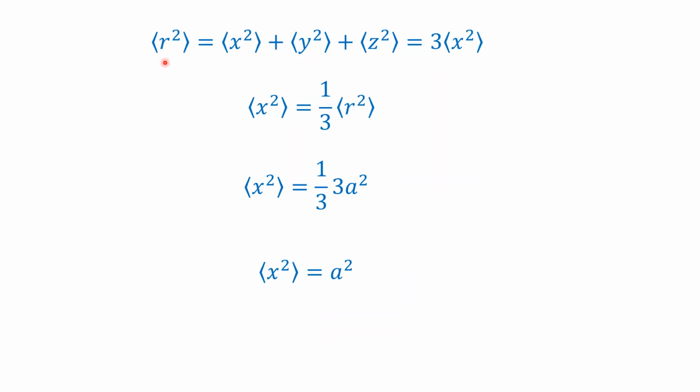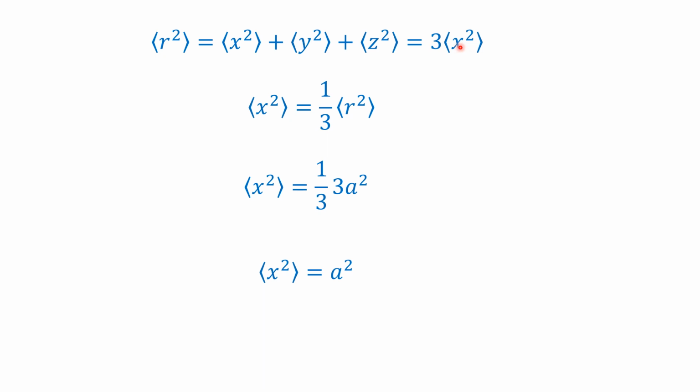We know that the expectation value of r squared is equal to the expectation value of x squared plus y squared plus z squared. Due to the symmetry, in all directions all are symmetrical, so you can write this as 3 times the expectation value of x squared.